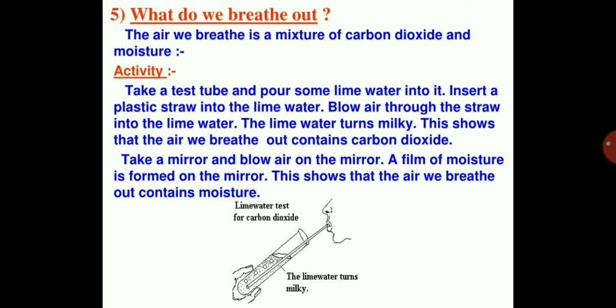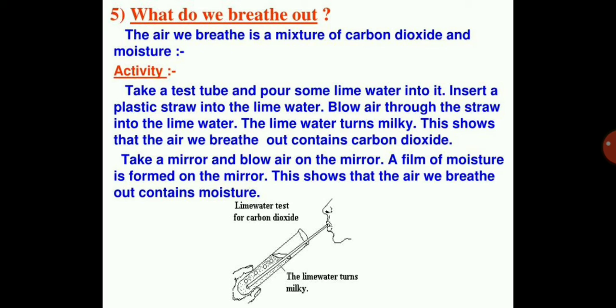In this process of inhalation and exhalation, what is given out? It is a mixture of carbon dioxide and moisture. How can we check this? Take a test tube, pour some lime water into it, insert a plastic straw into the lime water and blow air through the straw. The lime water turns milky.